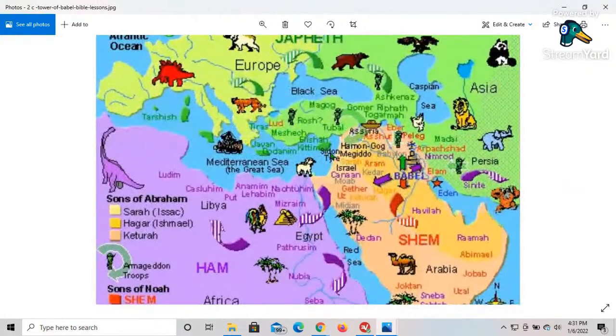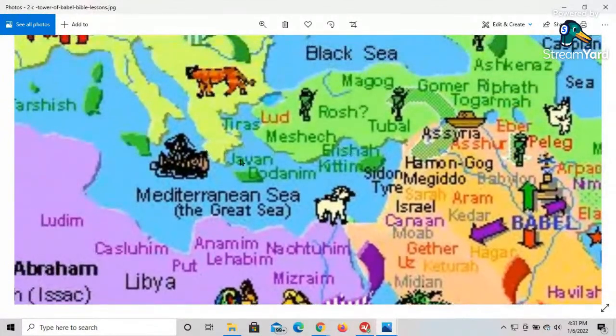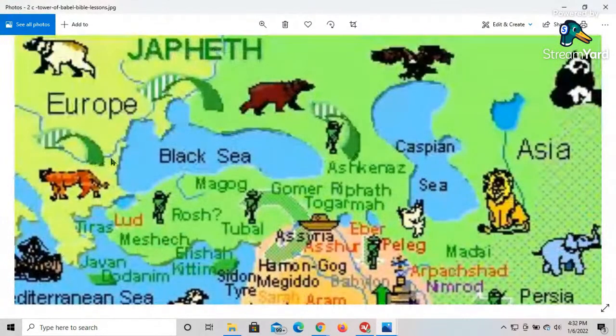There's another map basically showing all of the same things. Tiras, Javan, Elisha, Kittim, Dodanim. You have the Ludim. Put would be like the North Africans. These are Egyptians, Mizraim. It's all of the same people, basically. Remember, Japheth went north.